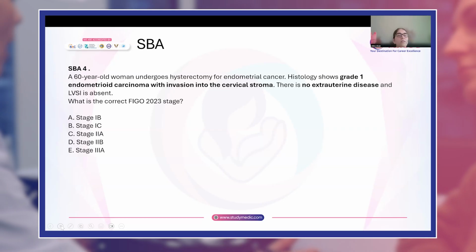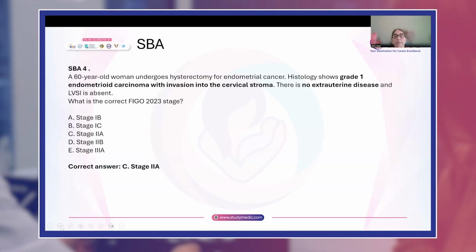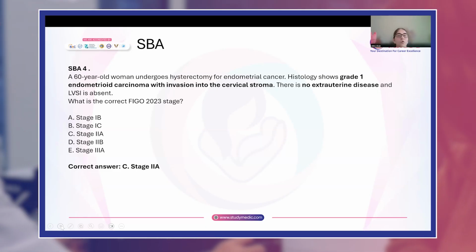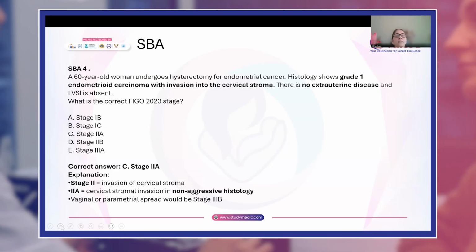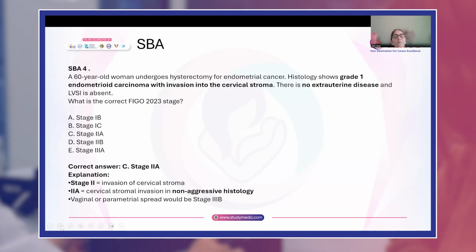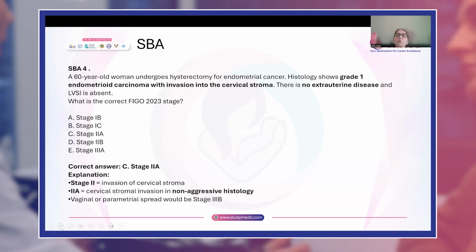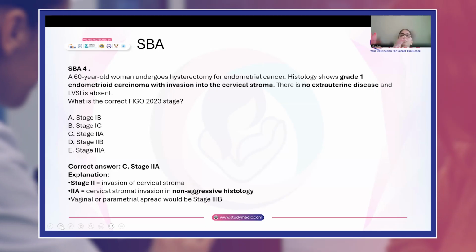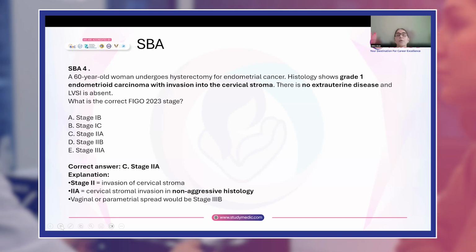Whenever there is cervical stromal invasion, it becomes stage 2A. Okay. So remember that invasion of the cervical stroma, non-aggressive histology. Okay. If it was vaginal or parametrial, then it would go into 3B. But here only cervical stroma and low grade. So it is still stage 2.